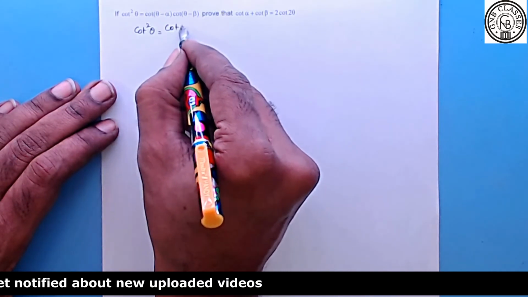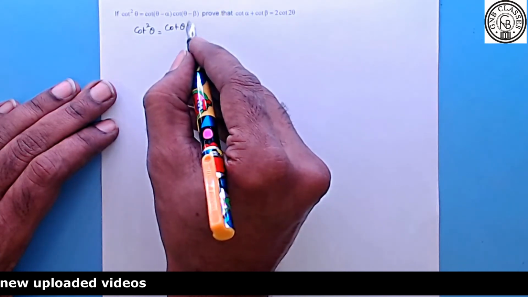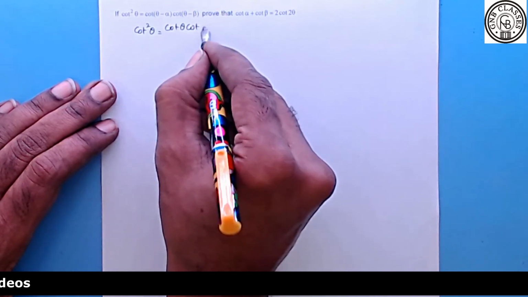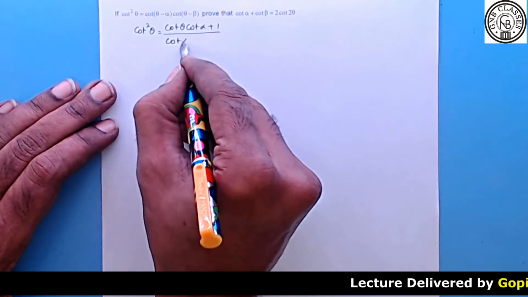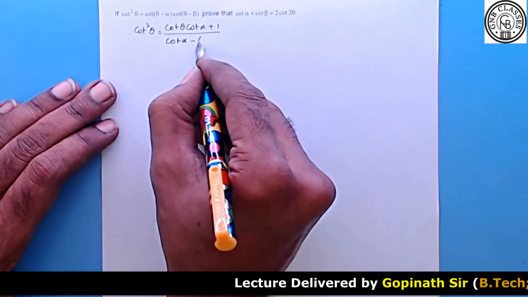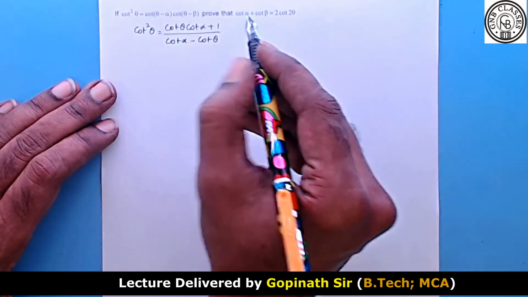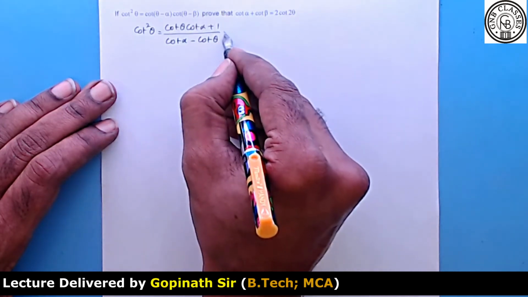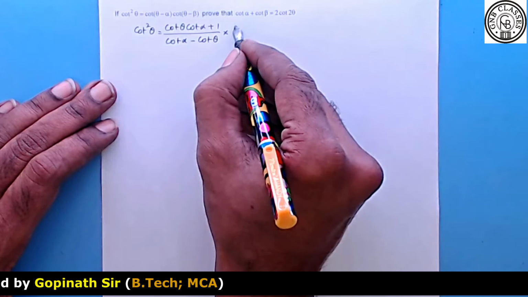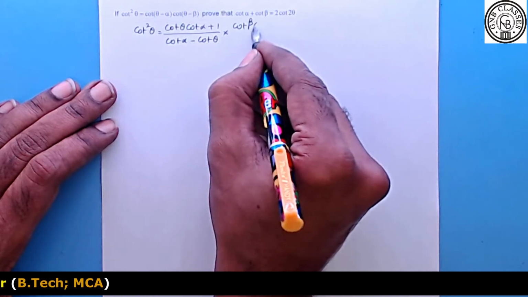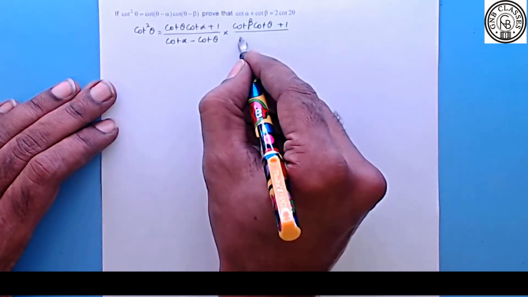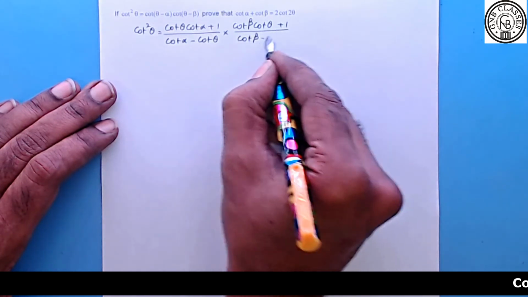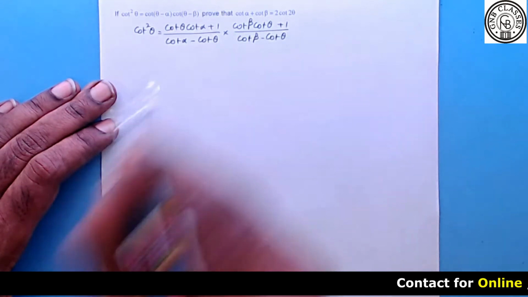I am applying the formula cot A minus B, cot B cot A plus 1 divided by cot B minus cot A. Okay. And for the second one, again I am applying the formula cot A minus B, cot B cot A plus 1 divided by cot B minus cot A. Is it clear?